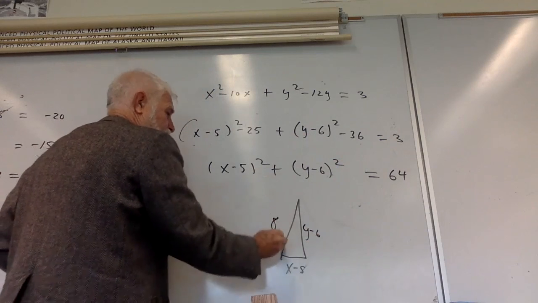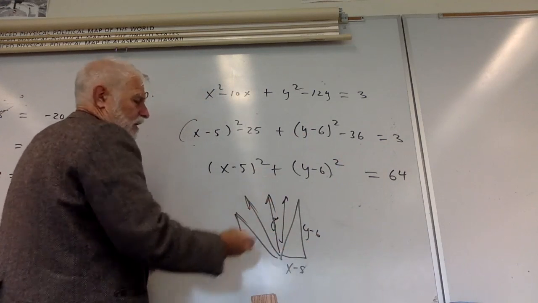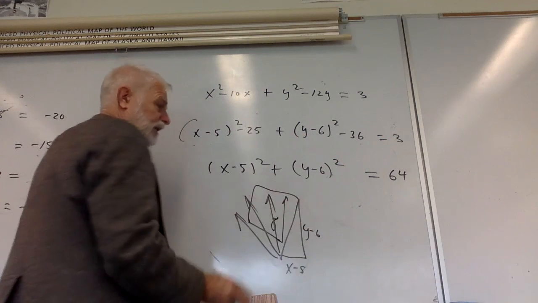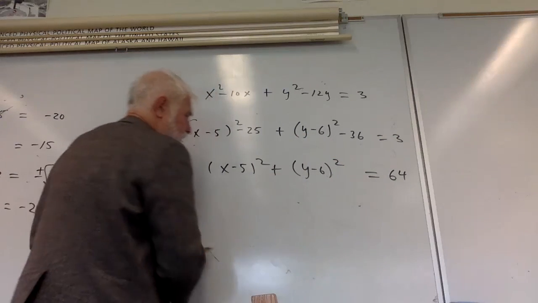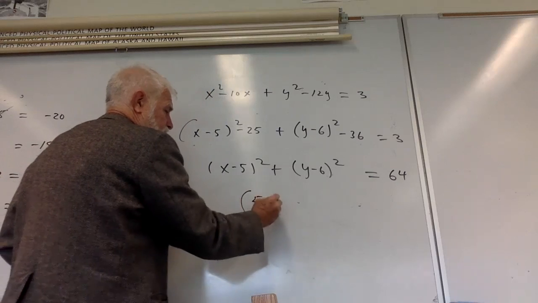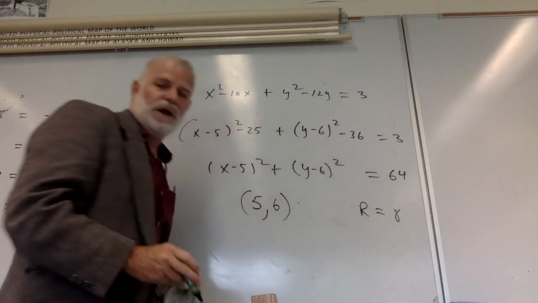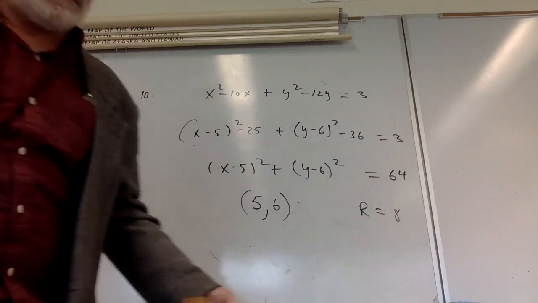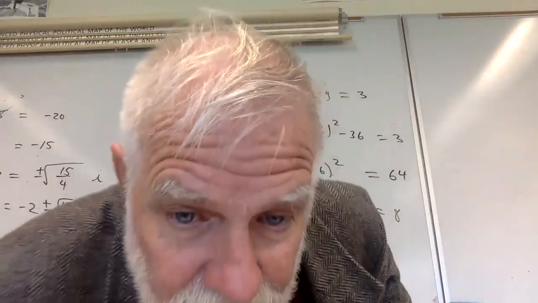And that hand of the clock, 8 units, 8 units, 8 units, 8 units. That area of this side isn't changing as I draw the triangles in the different quadrants. Center, 5, 6. Radius, 8. We're done. And I'll be interested to hear your commentary Tuesday morning after you did this assignment.